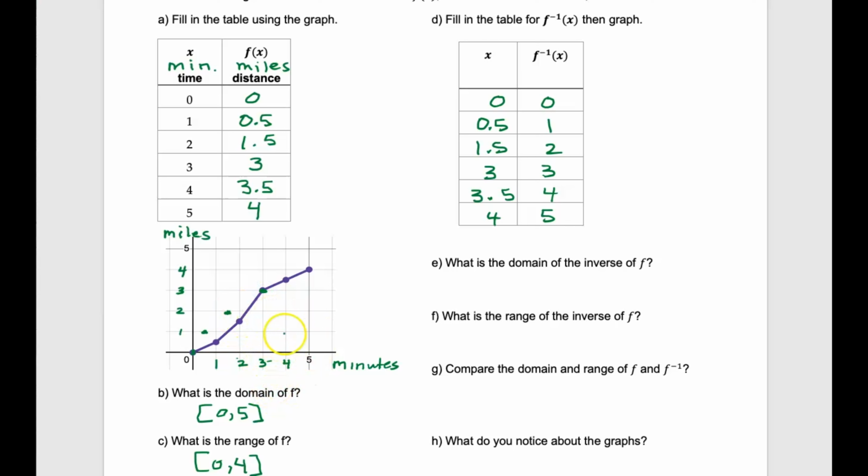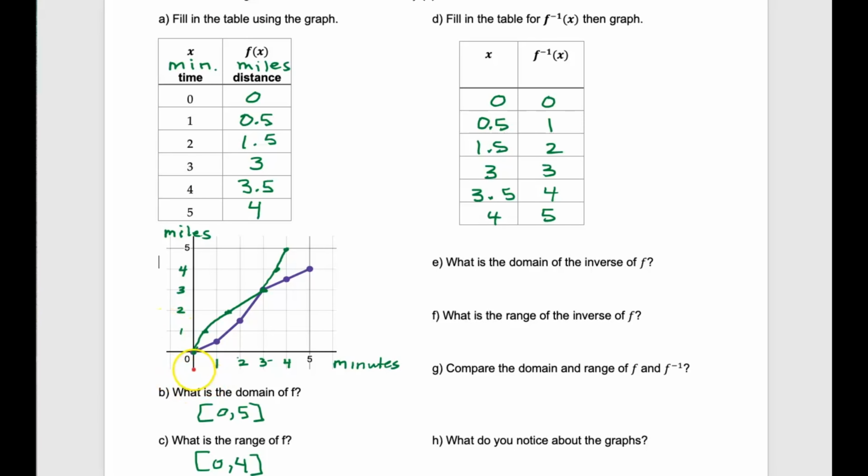To the right, 3.5 and up 4, and to the right, 4 up 5 will be there. So now if I connect those together to see what the graph looks like, we'll have something kind of like this. All right, if we're looking at this, we can see that there's some symmetry. Do you notice that?